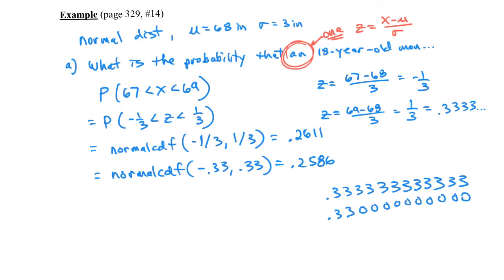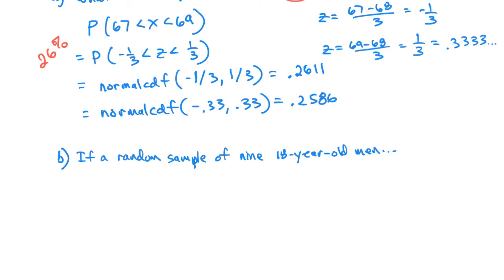Okay, so here, for this one person, there's roughly a 26% chance, right? I'm just going to write this over here just so I have something to work with. So about a 26% chance. Okay, so then part B, I'm going to, again, write until we get to the important part. So this one says, if a random sample of 9 18-year-old men is selected, what is the probability that the mean height x bar is between 67 and 69 inches?